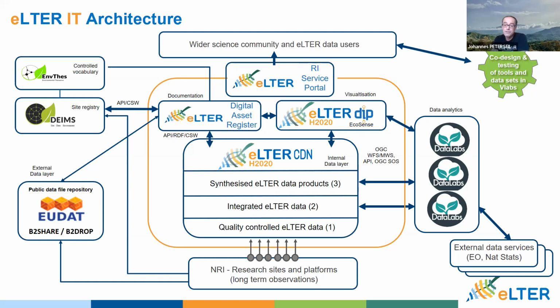The important part for the eLTER is that the eLTER is a distributed system, building on the national research infrastructure, which you see on the bottom of the slide, which is the main building block for the observation, data acquisition and data provision, which are then managed through a number of central services, which can be accessed through this ERI service portal, which will be the single entry point for the user community of the eLTER.